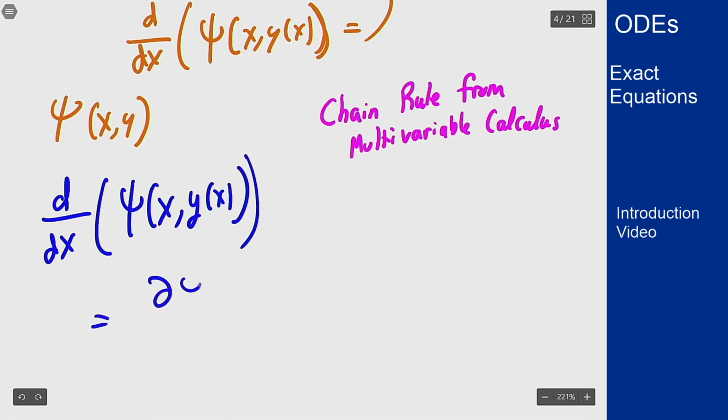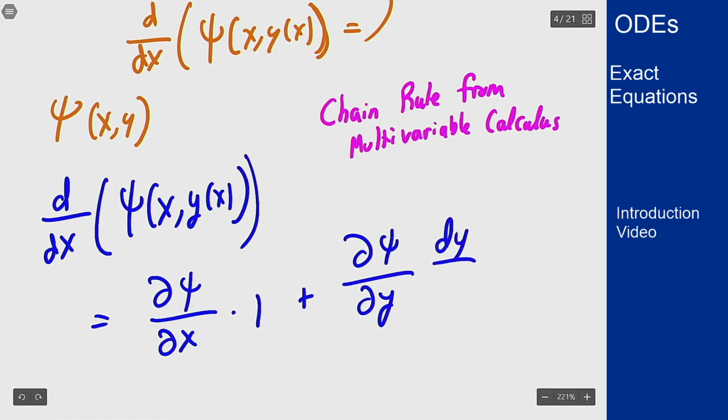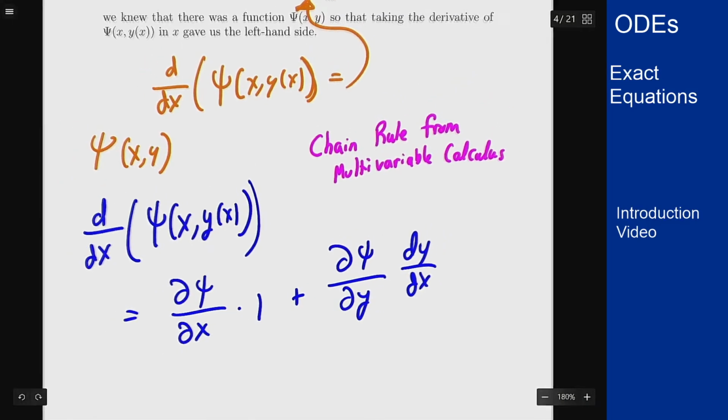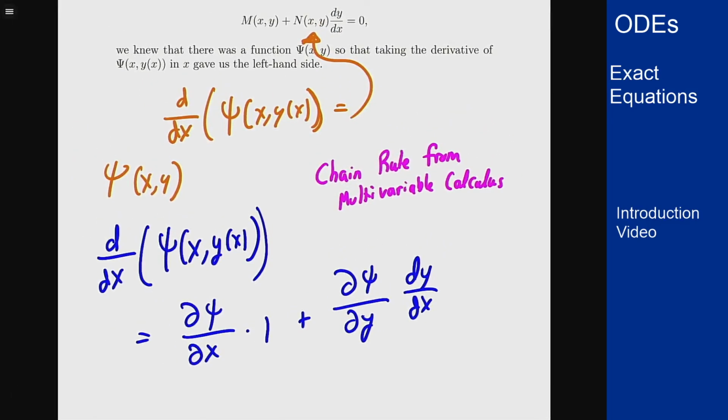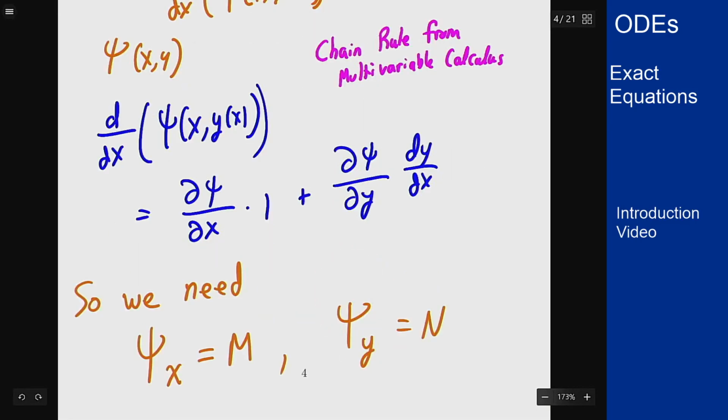This is the partial of psi with respect to x times 1, that's a dx dx in there, plus the partial of psi with respect to y times dy dx. Well, this format matches up really nicely with our expression. So what we need is that this function M is the derivative of psi with respect to x, and N is the derivative of psi with respect to y. That leads us right to our definition of an exact equation.